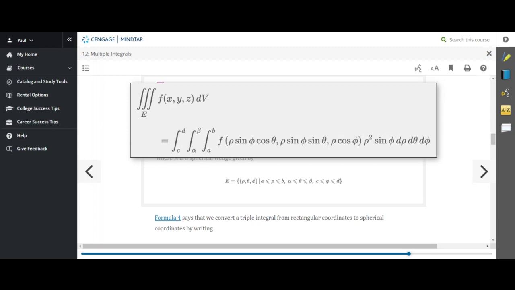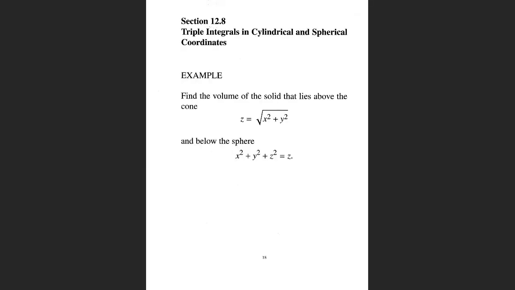All right, well let's look at an example now dealing with spherical coordinates. Okay, I'll let you copy this example down.